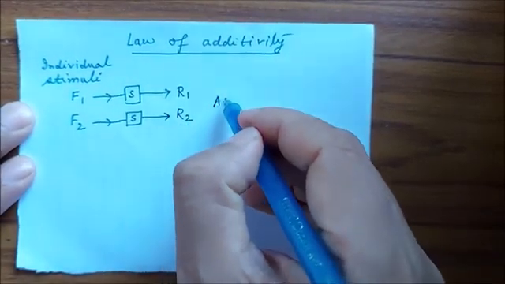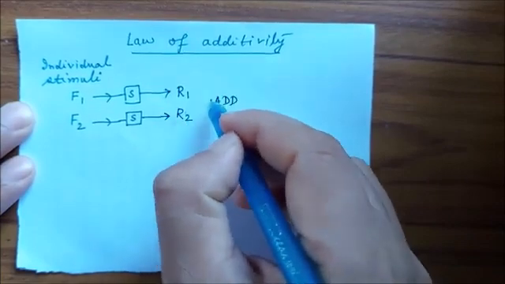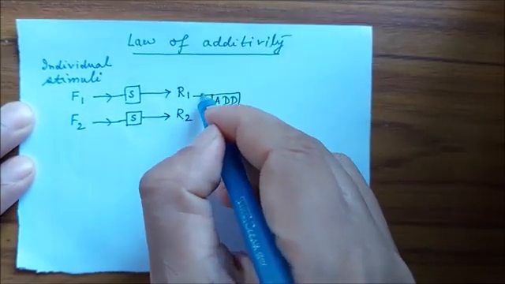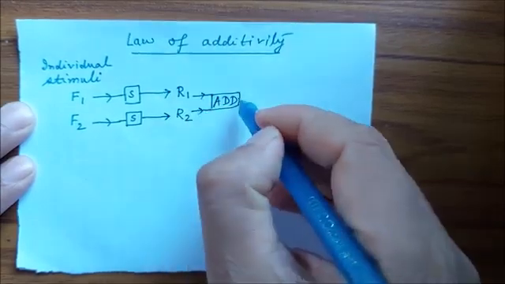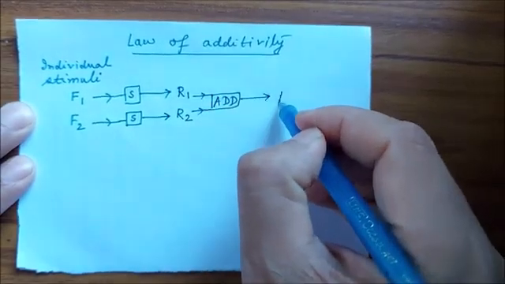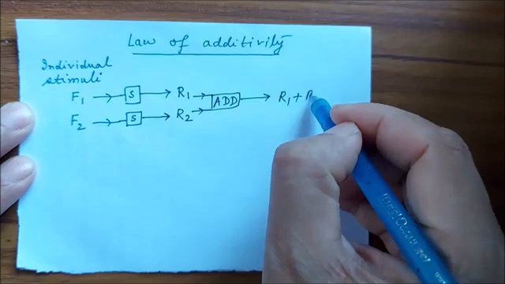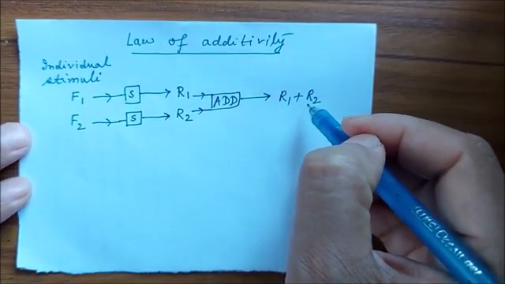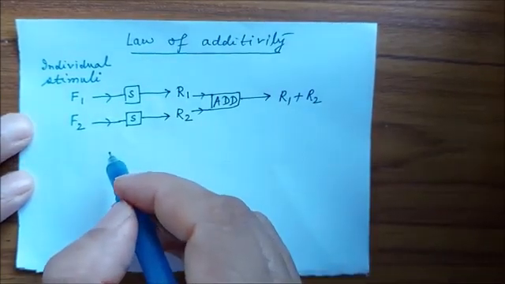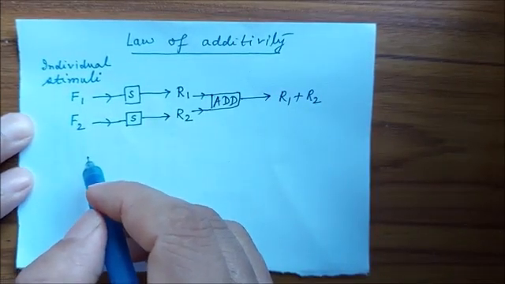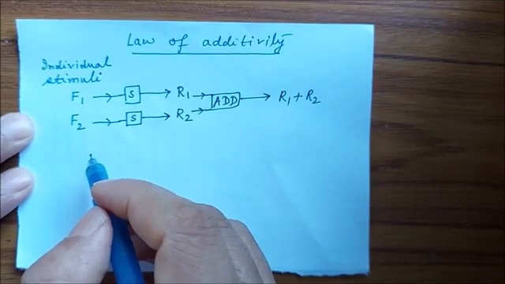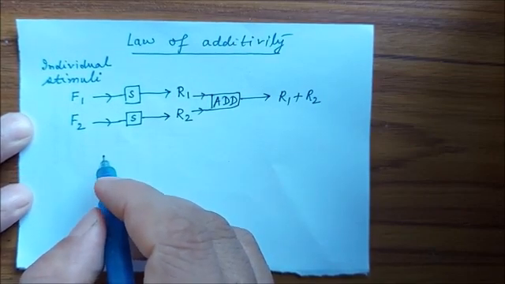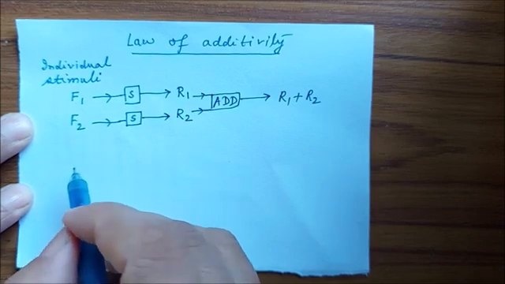And now if these two are added, what we get is the sum of responses R1 and R2. Another way to deal with what we have is to apply all the stimuli at once.